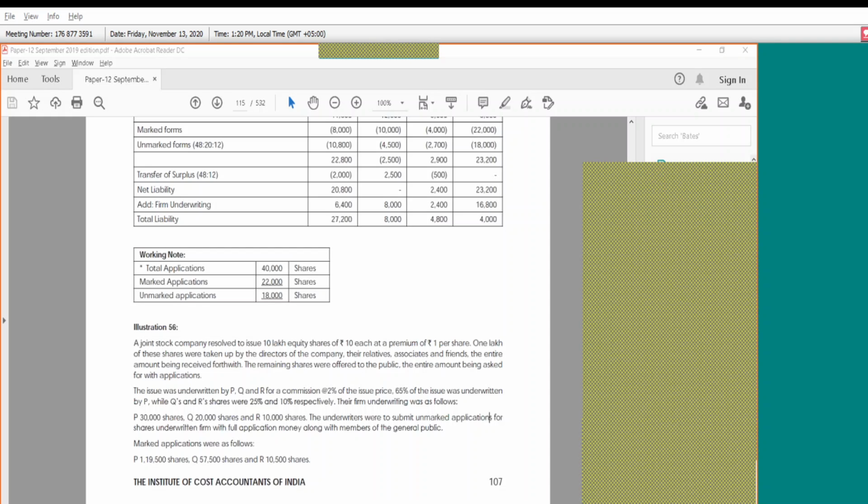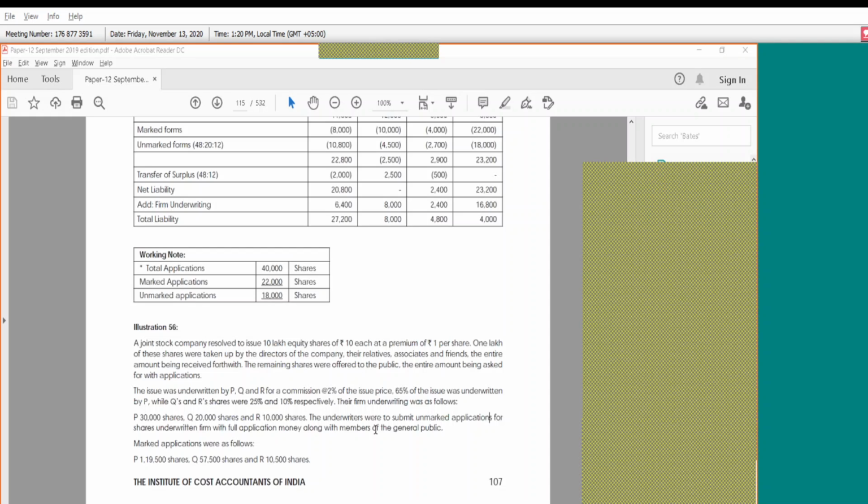Explain once again. That's what this normally firm underwriting means. You know that firm underwriting means it is purchased by underwriters. They have to definitely purchase the shares. That is the condition. Then what we will do normally, firm underwriting we will deduct separately. But in this problem, what happened? This underwriter firm underwriting portion, how they purchased? They went along with the public. As a public, they went and submitted their application form.